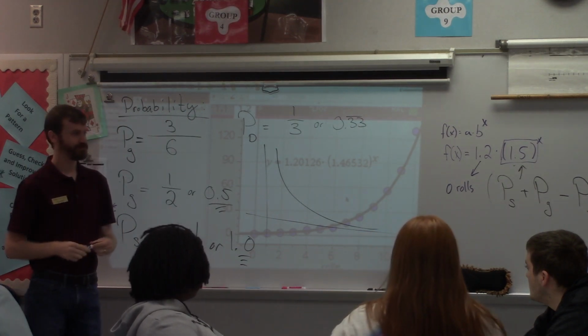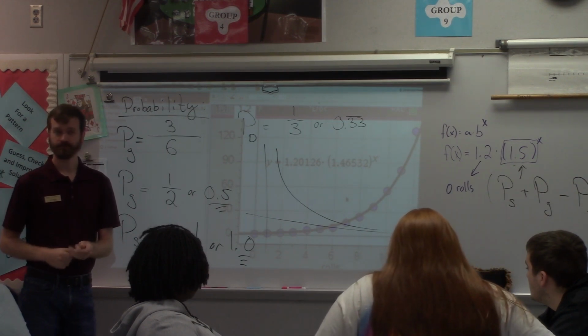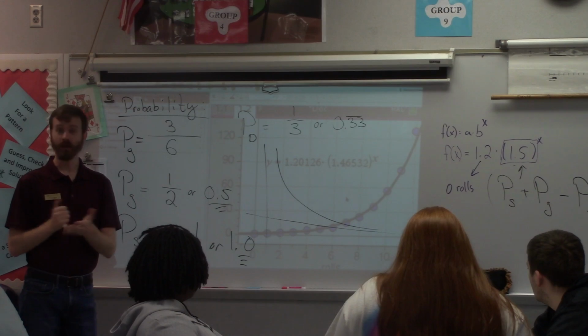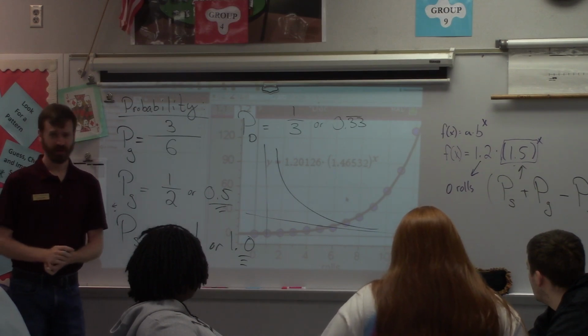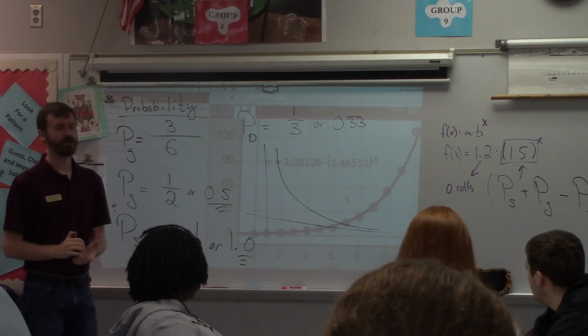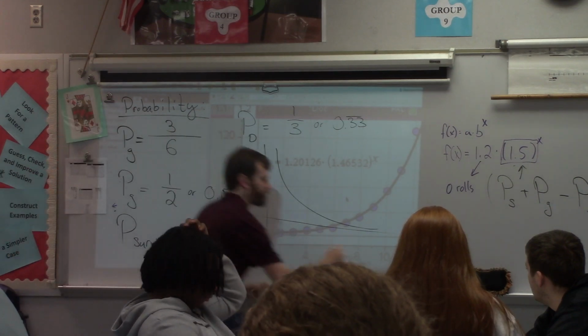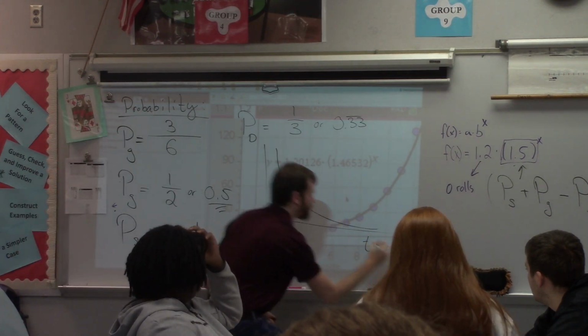I think hopefully y'all talked about carbon dating with biology and dinosaur bones, stuff like that. No? Does that sound familiar? A couple of nods. Not a lot. Okay. If you ever talk about carbon dating, it's based on this exponential decay.